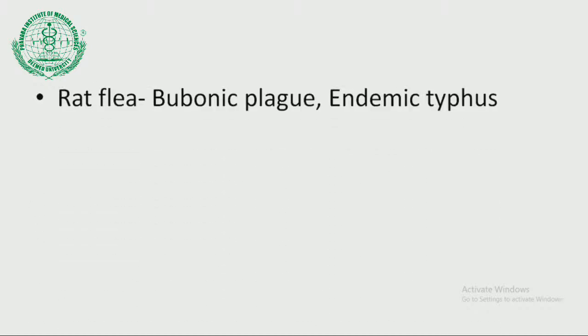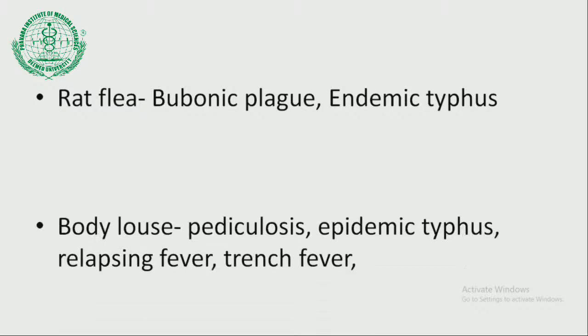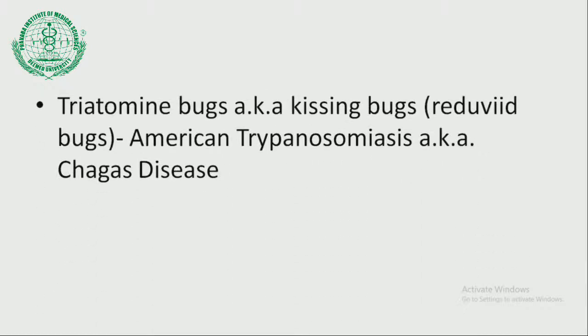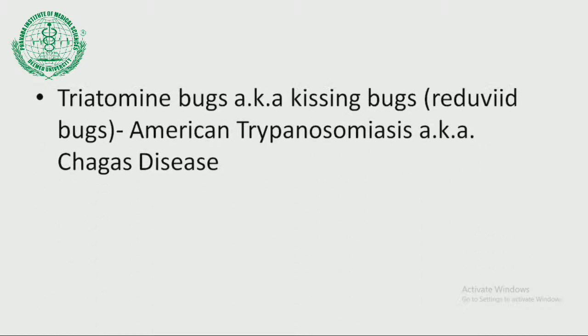Now the flea, rat flea. Rat flea will be transmitting bubonic plague, endemic typhus, body louse causing pediculosis, epidemic typhus, relapsing fever and trench fever. Triatomine bug, aka, the abbreviation stands for also known as.